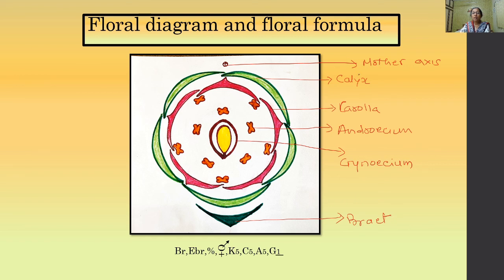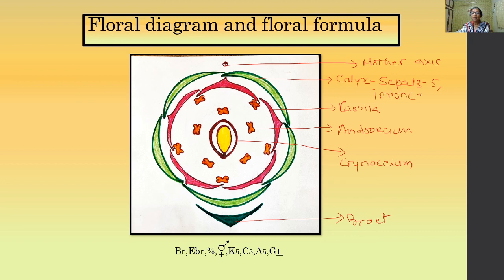Now, the calyx whorl consists of the sepals. In this case, the sepals are 5 in number. So, 5 sepals are present here. They are free from one another. So, it is a polysepalous condition, and the estivation seen here is imbricate.